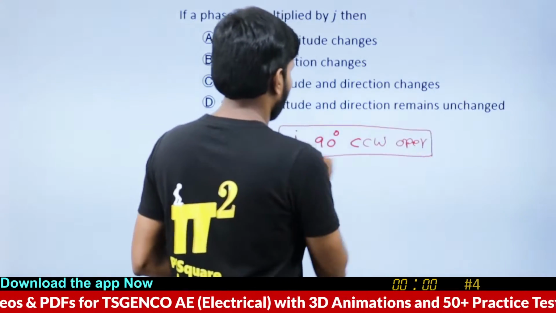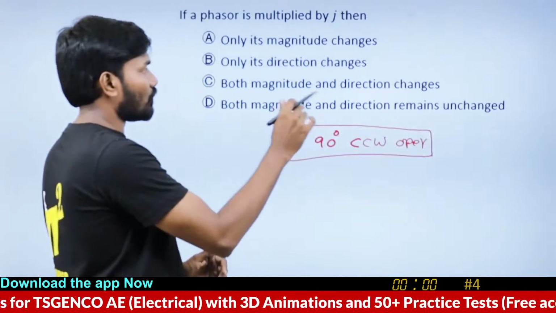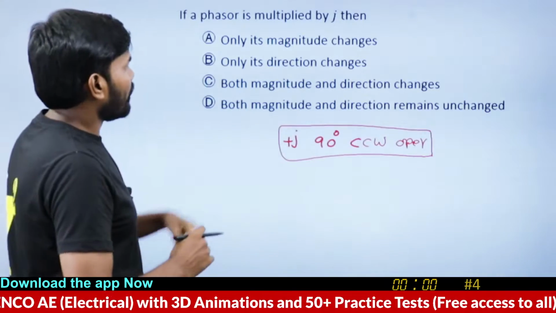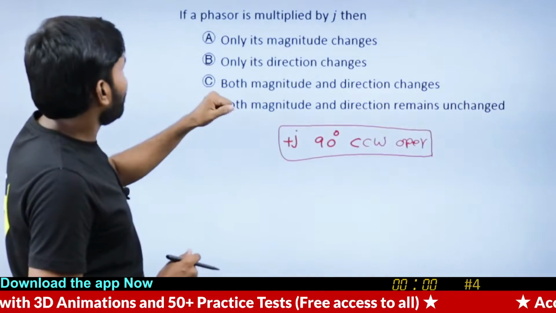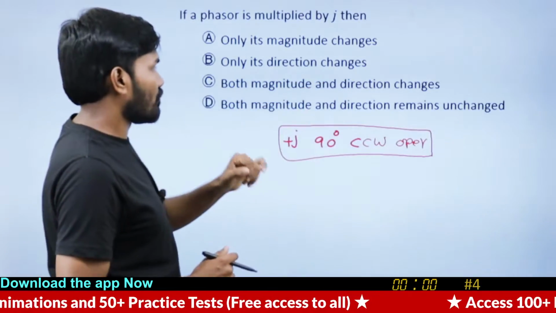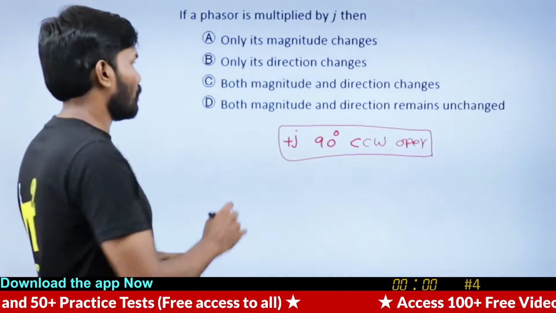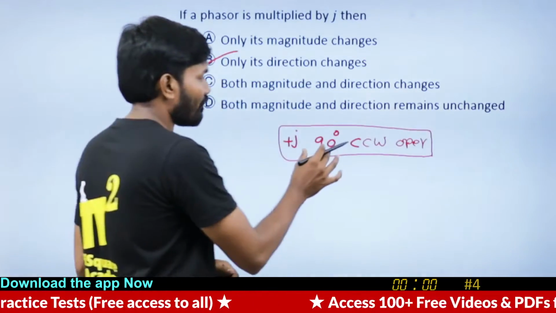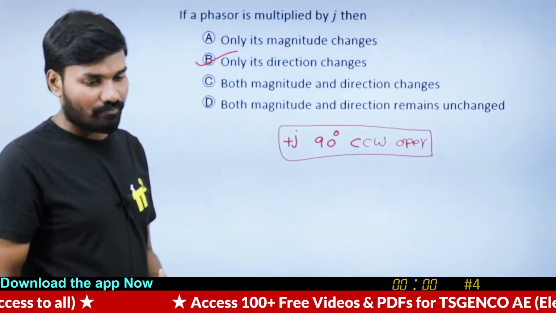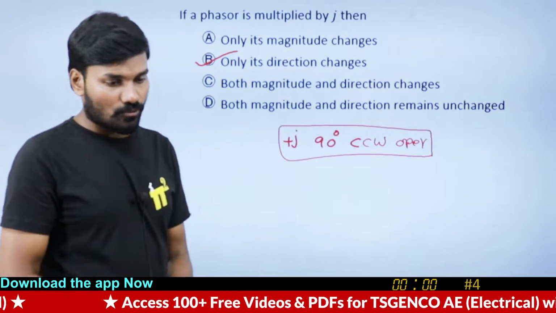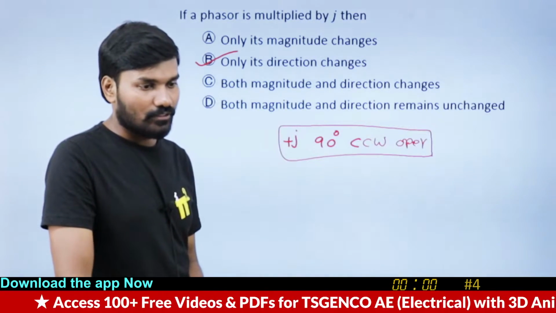You have to say this. Plus J is a 90 degrees counterclockwise operator. It only changes the direction. Magnitude doesn't change. Only the direction changes by 90 degrees counterclockwise, to be more precise. That's cool. Very good.